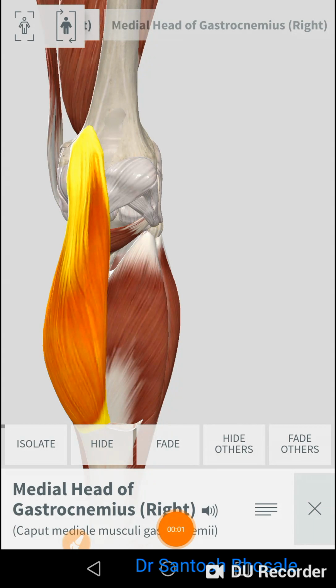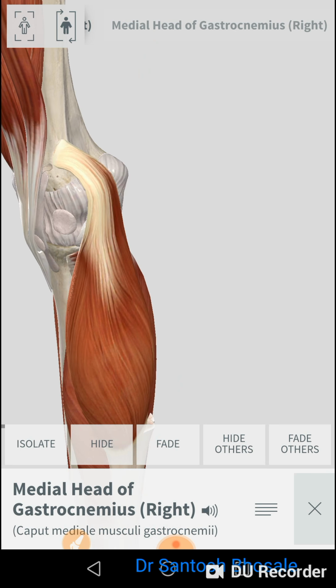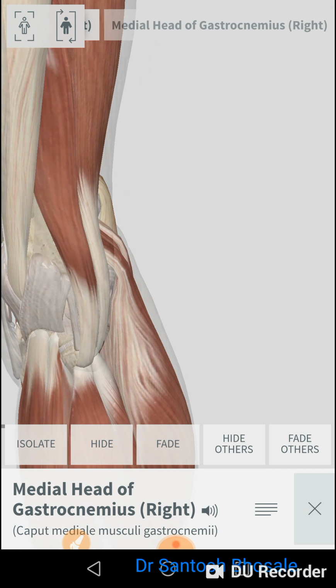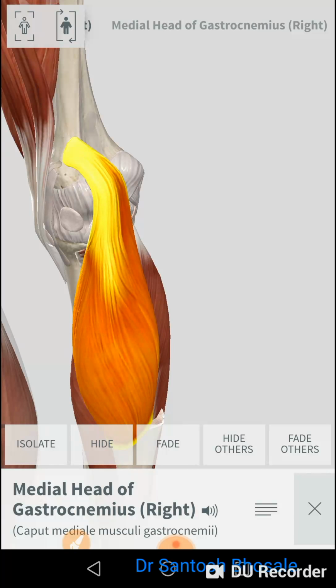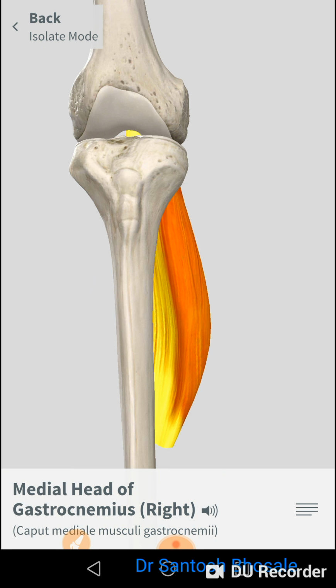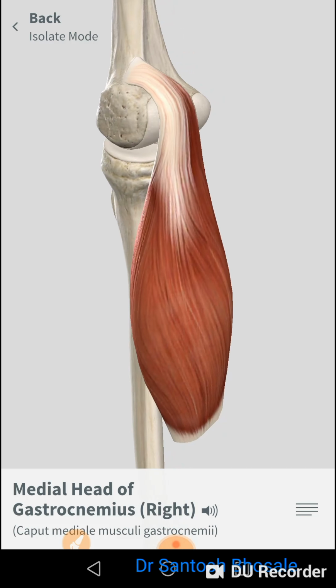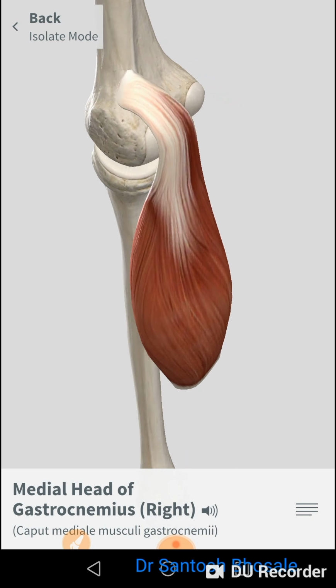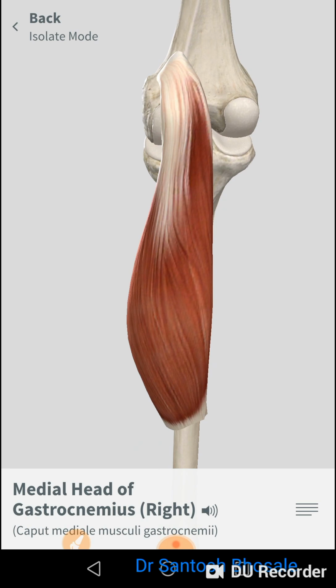Then coming to the attachments of the medial condyle, you can see the medial head of the gastrocnemius comes from the popliteal surface and also the upper part of the medial supracondylar ridge of the femur. If you isolate here, this is the medial head of the gastrocnemius muscle.